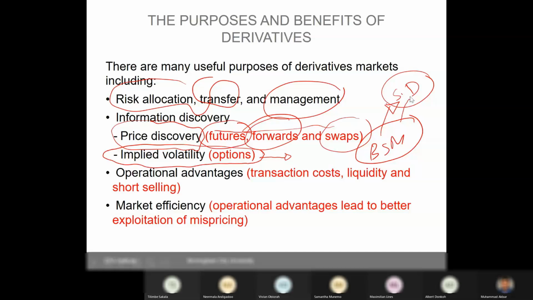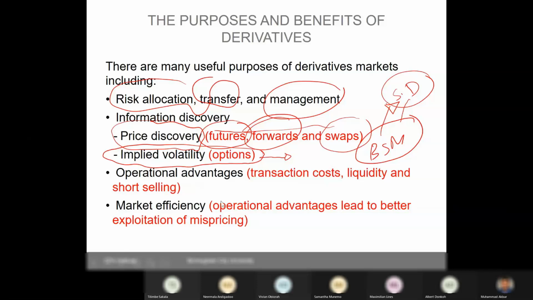Then there are operational advantages also. It's relatively cheaper to trade in the derivative market. The transaction costs are low. Liquidity is higher in the derivative market than the spot markets, and short selling is much easier in the derivative market than the spot markets. And derivatives markets are more efficient than the spot markets.